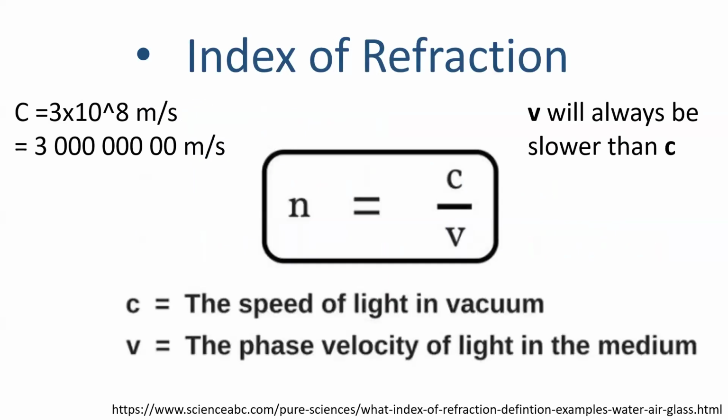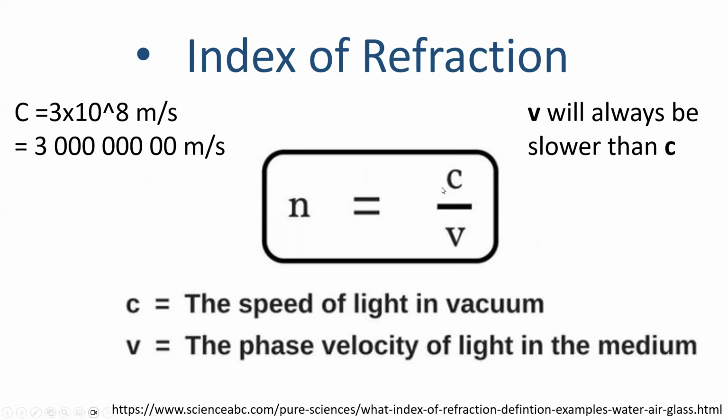All right, so index of refraction. Here's the basic formula. It's expressed with the letter n, and over here we have the speed of light in the vacuum, which means speed of light in nothingness, nothing to slow down, and speed of light in something, whether it be glass, water, or other elements.